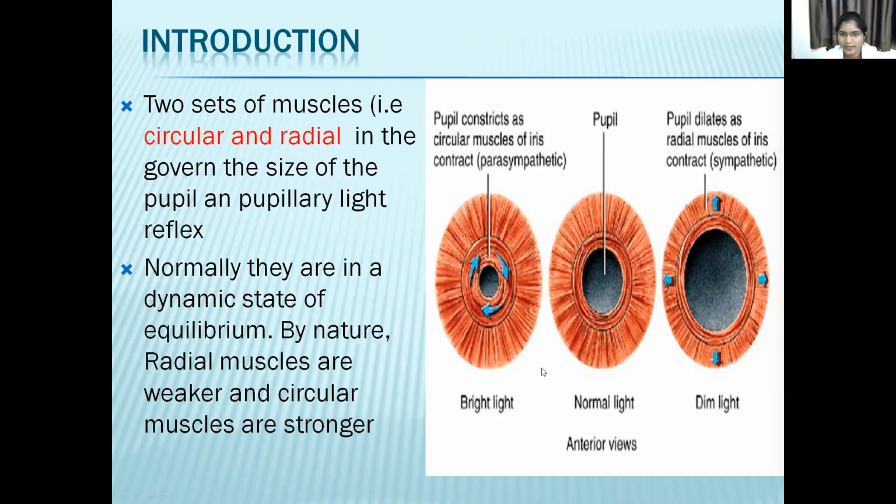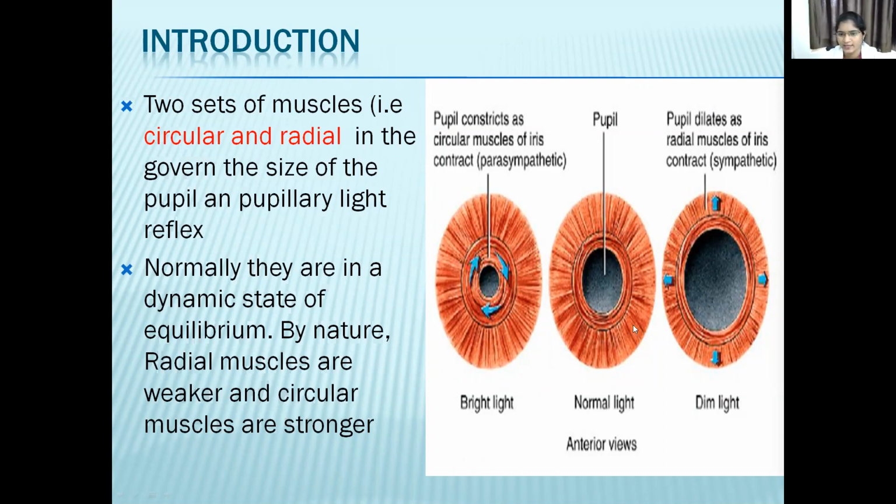For example, when we focus on bright light, our pupil will immediately constrict. Why does it happen? See here, this is the normal light.